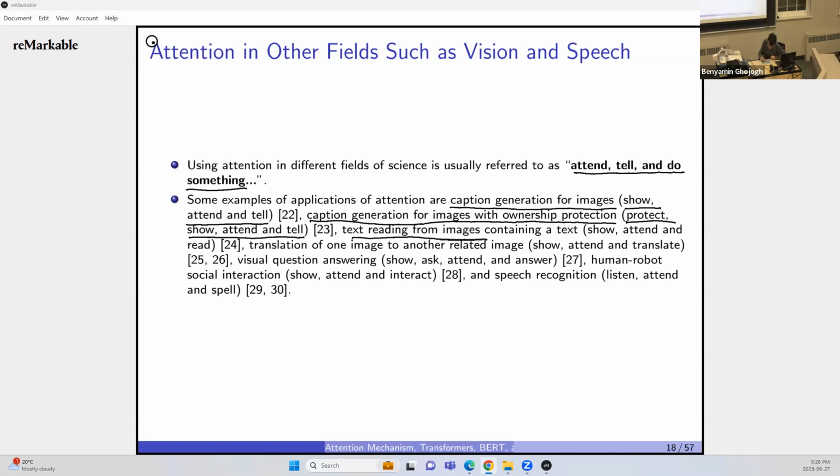Text reading from images containing a text: Show, Attend, and Read. Translation of one image to another related image: Show, Attend, and Translate. Visual question answering: Show, Ask, Attend, and Answer. Human-robot social interaction: Show, Attend, and Interact. And speech recognition: Listen, Attend, and Spell. These are all papers with similar titles, okay?